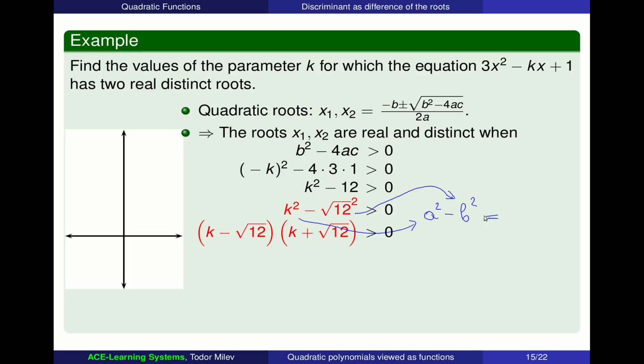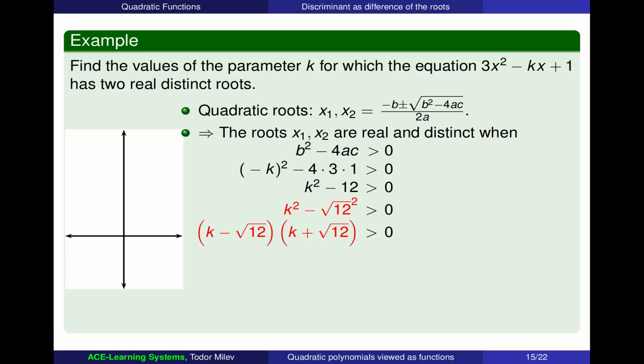And a squared minus b squared factors, as we remember, as a minus b times a plus b. So we get k minus radical of 12 times k plus radical of 12. So that is our factorization.